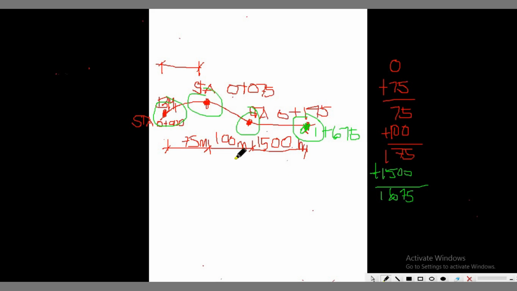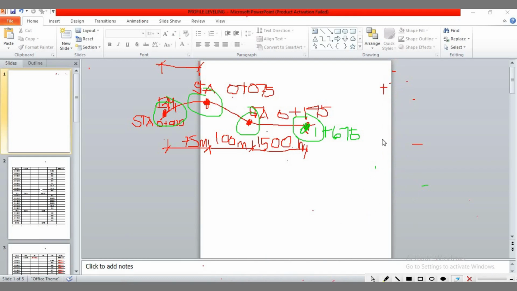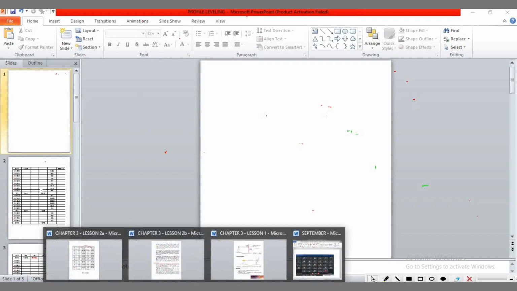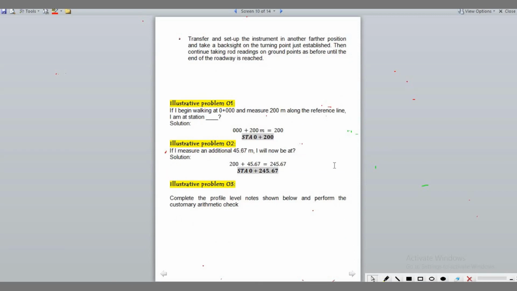Let me check, I think there is an example. For metric, the format is 0 plus 000. There is an example in the notes I gave. If I begin walking at 0 plus 000 and measure 200 meters along the reference line, I am at station 0 plus 200.